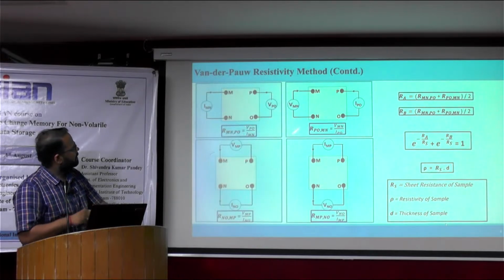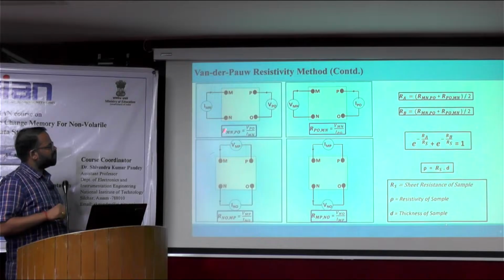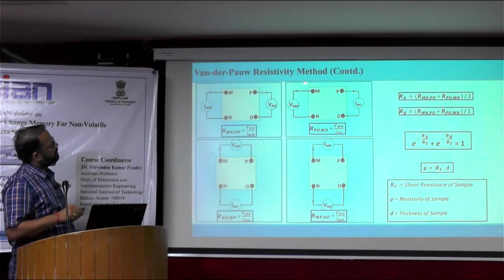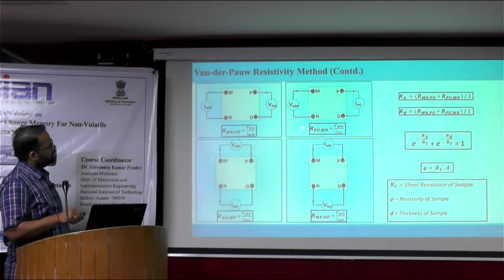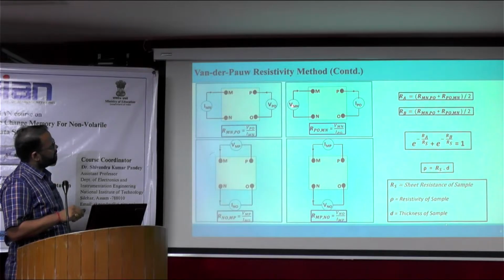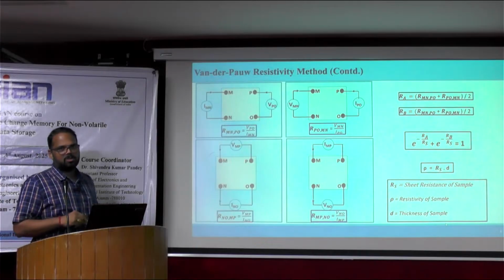So this is the configuration I was discussing. In the van der Pauw resistivity method, there are 4 different configurations. In these two, here you are sourcing, here you are measuring, here you are sourcing, here you are measuring. These two are more or less the same, because of the reciprocity theorem.